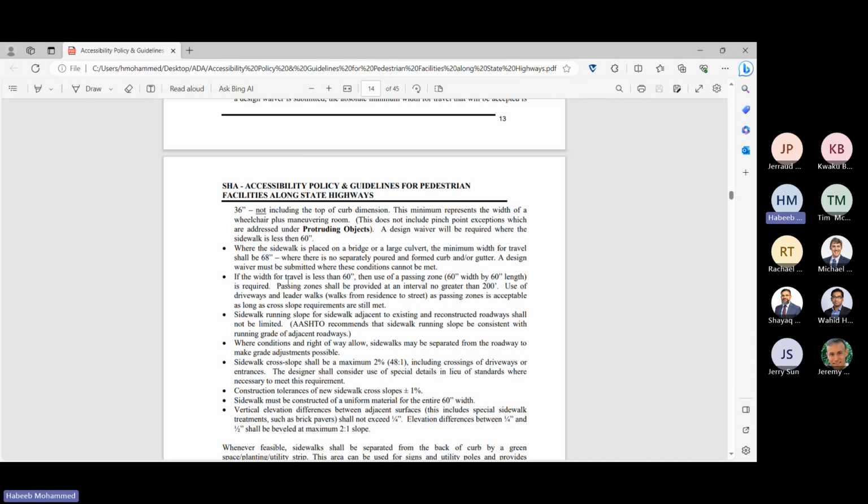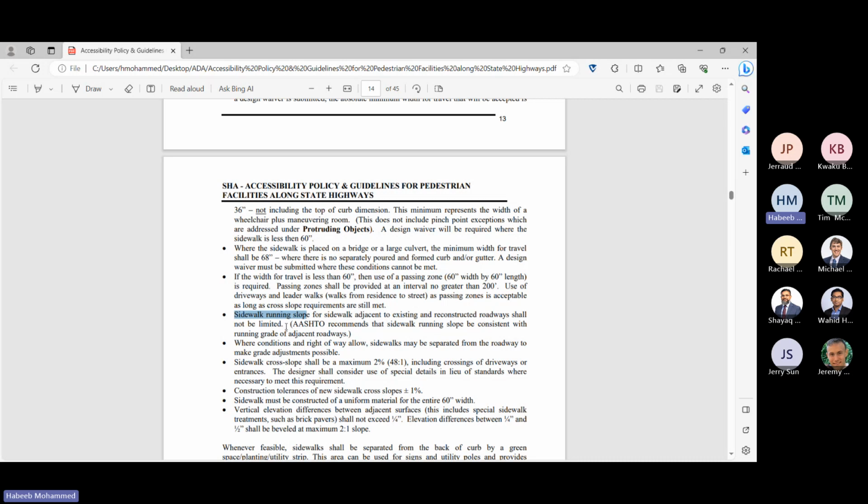And the third bullet they talk about is if the width for travel is less than 16, then use a passing zone of 60 by 60 every 200 feet, like we discussed a few minutes ago. And then the fourth bullet talks about the running slope for sidewalk adjacent to existing and reconstructed road, which shall not be limited.